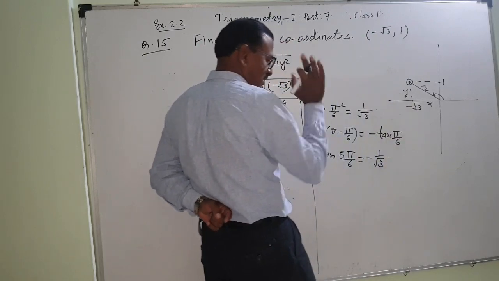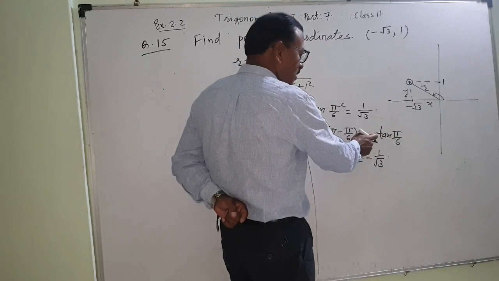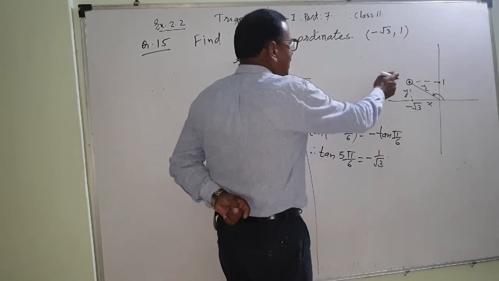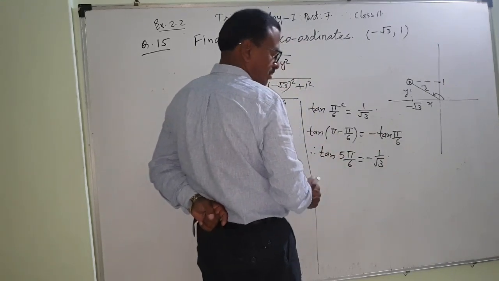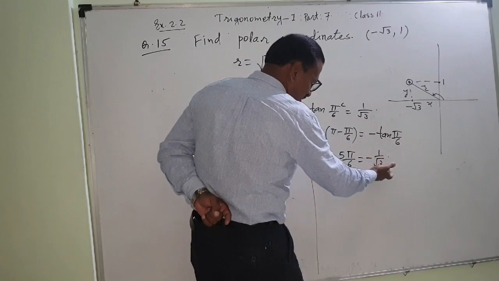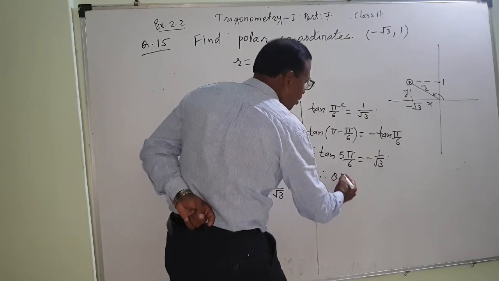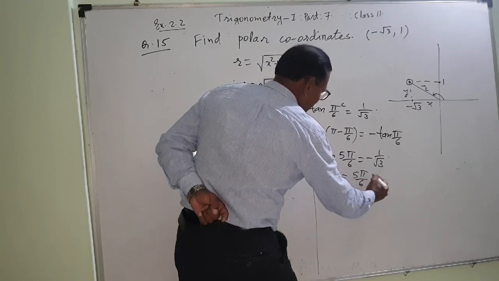Now which quadrant? Second quadrant, so negative, because tan is positive in the third quadrant. Understood this? Okay. And tan of pi by 6 gives 1 upon root 3, so it is minus 1 upon root 3. Therefore, theta is equal to 5 pi by 6 radians.